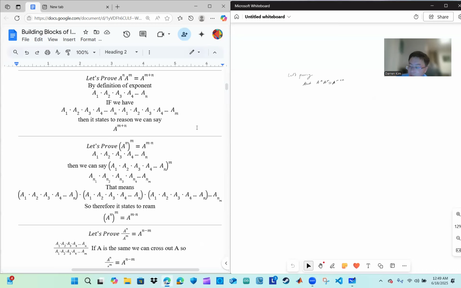I never explained what n and m are. n is an integer like this, and m is an integer like that. And you'll see how fractions are created from this later on. But for now, we're going to assume that.